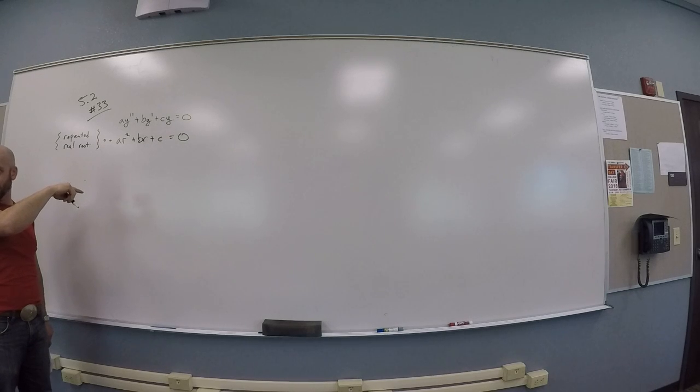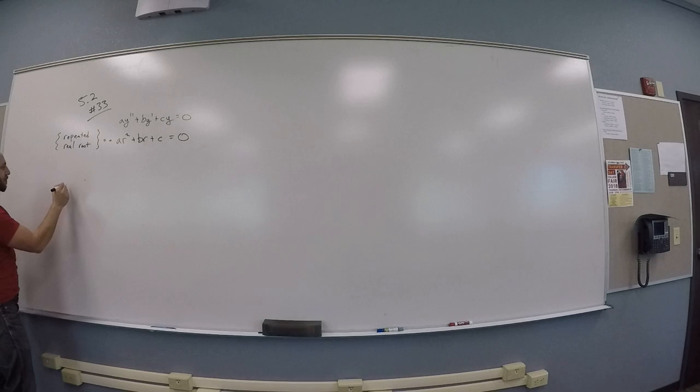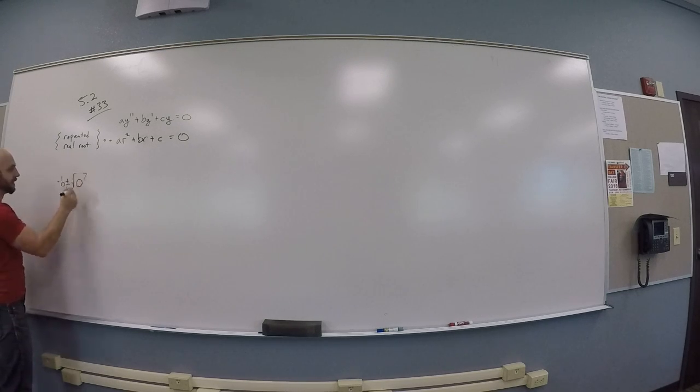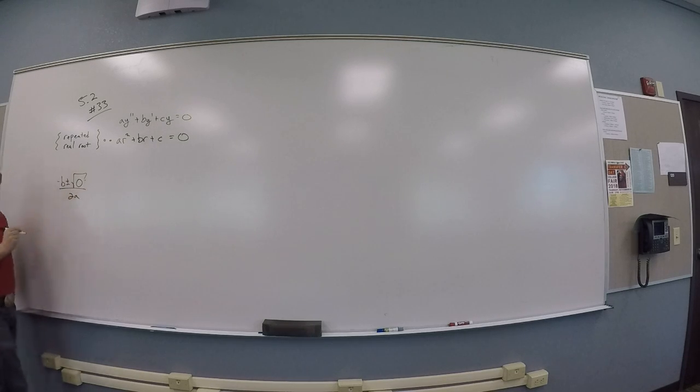So b squared minus 4ac is 0. You get negative b plus or minus the square root of 0, over 2a, is r. So this gives me an explicit formula for that r. That's r1.